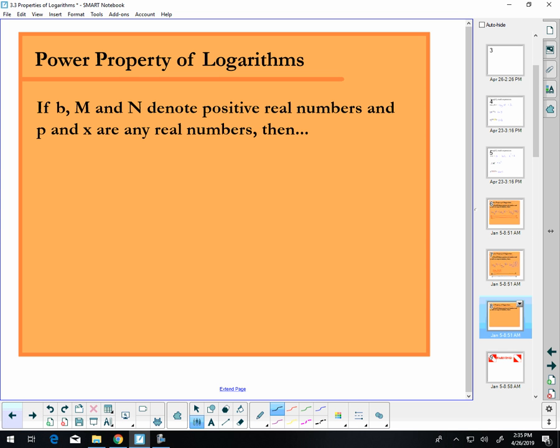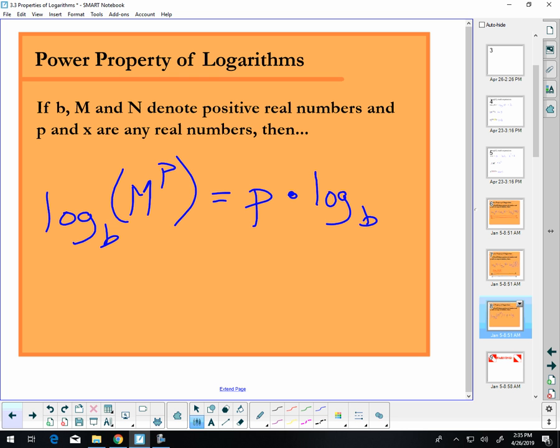All right, the power property, very similar, says if I have a logarithm base b of m raised to the p power, now that's the whole input like that, I can rewrite that as p multiplied by the logarithm base b of m. So this only has a single logarithm, just base b of some input. We don't have 2 separate logarithms.